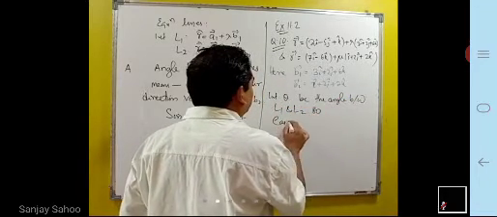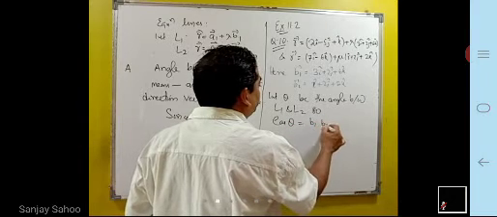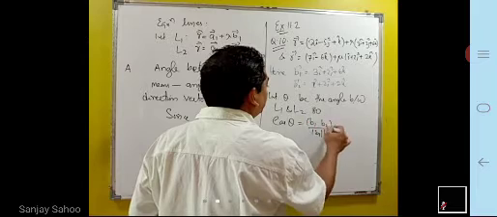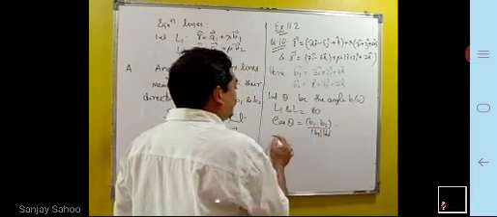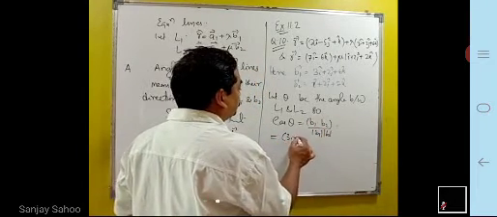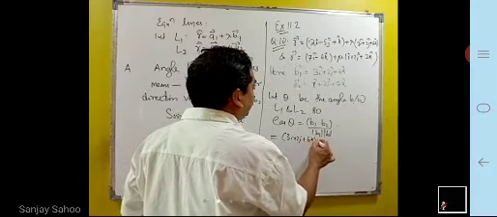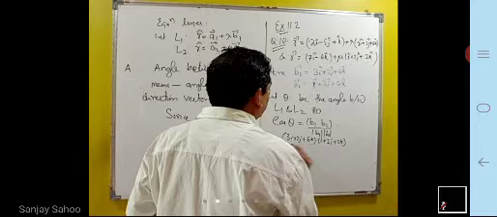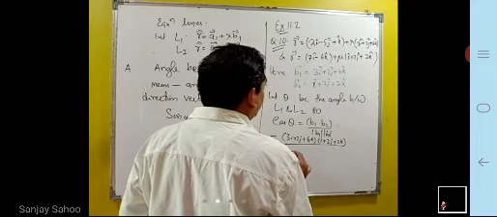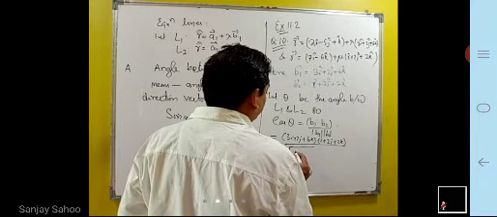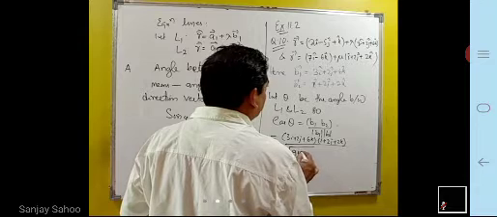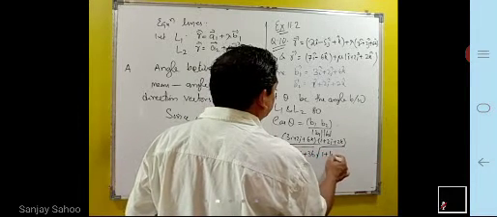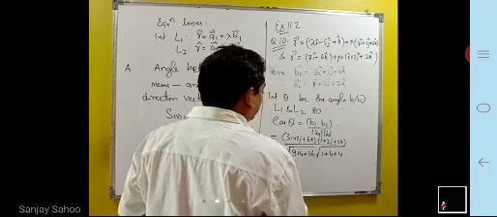So cos theta is B1 dot B2 upon mod B1 mod B2. So B1 dot B2 is (3i + 2j + 6k) dot (i + 2j + 2k) upon root over of 9 + 4 + 36, root over of 1 + 4 + 4.